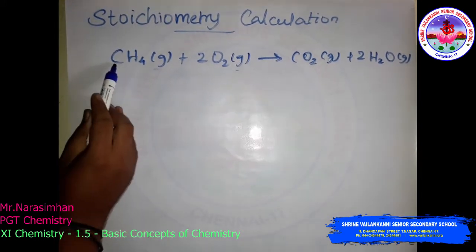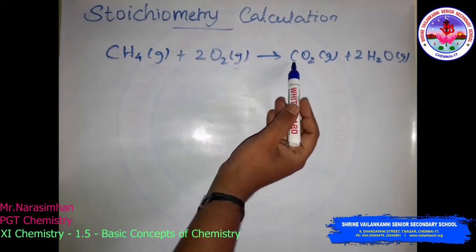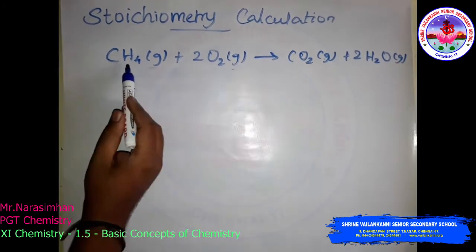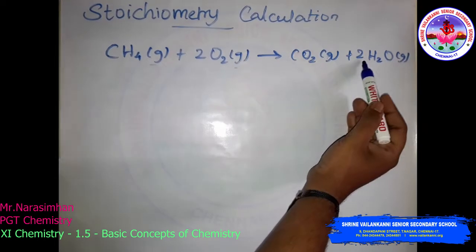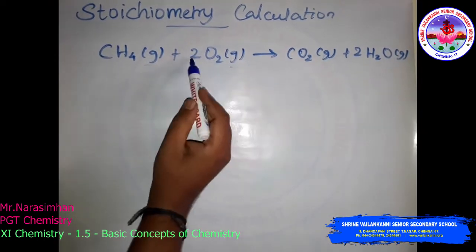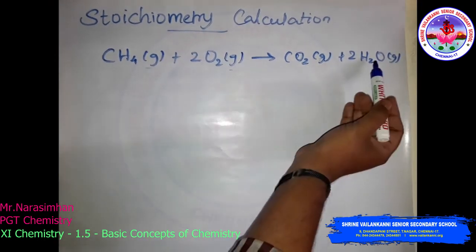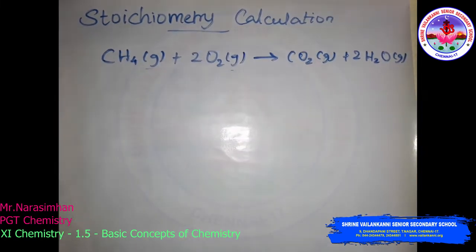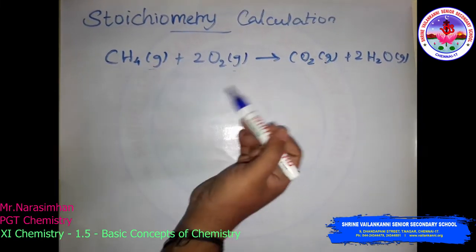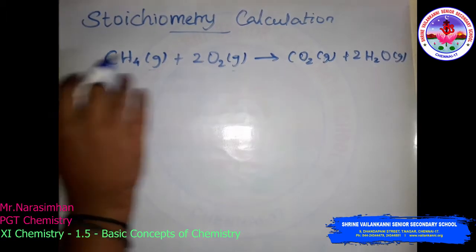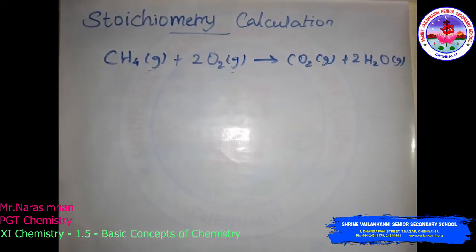The number of carbon atoms is 1 on the left hand side, the right hand side also 1. Hydrogen atoms 4, here also 4 hydrogen atoms. Oxygen atoms 4, 2 plus 2, 4. Then totally this chemical reaction is balanced.